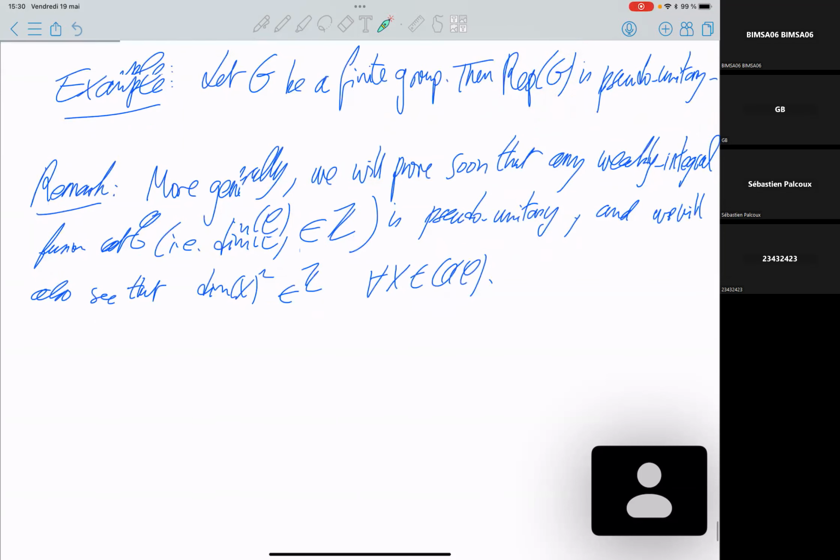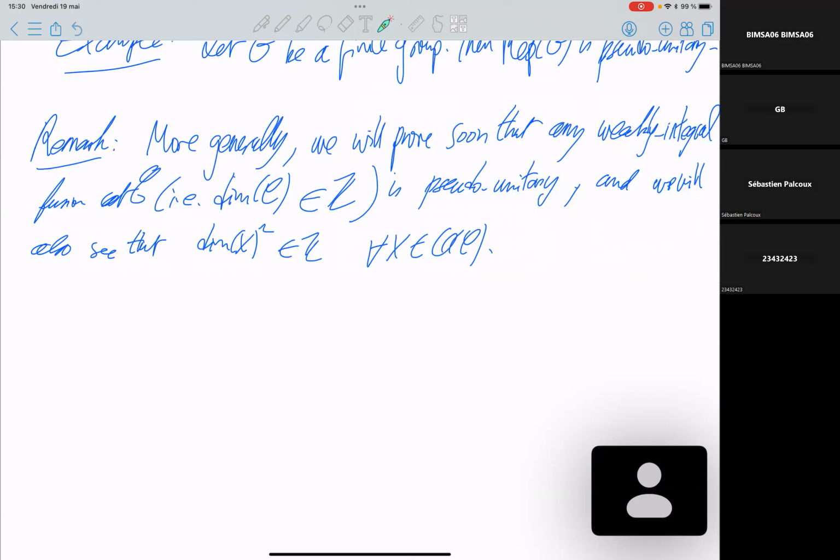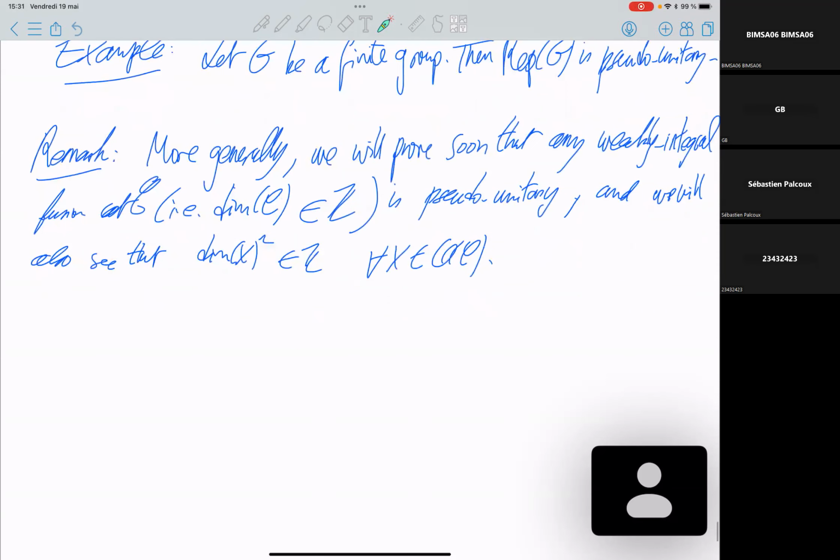In fact, it's quite hard to define a fusion category which is not pseudo-unitary, or at least without a pseudo-unitary Galois conjugate.